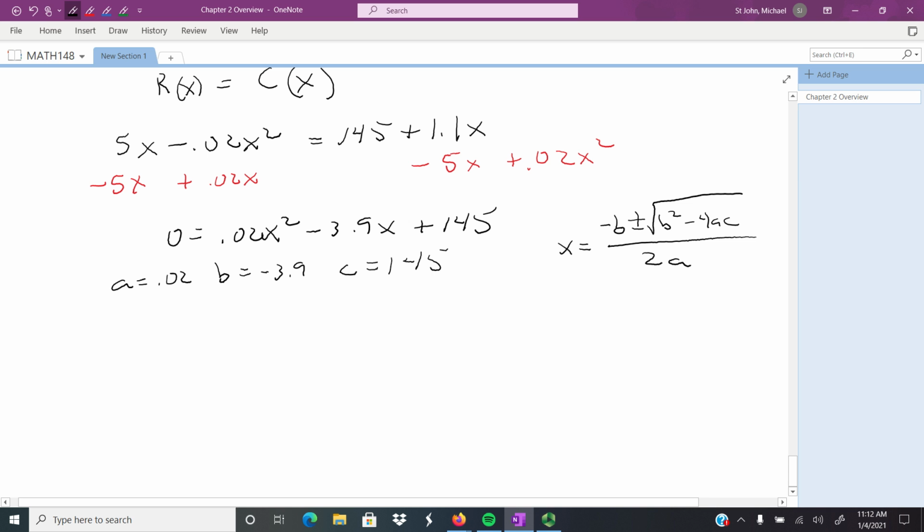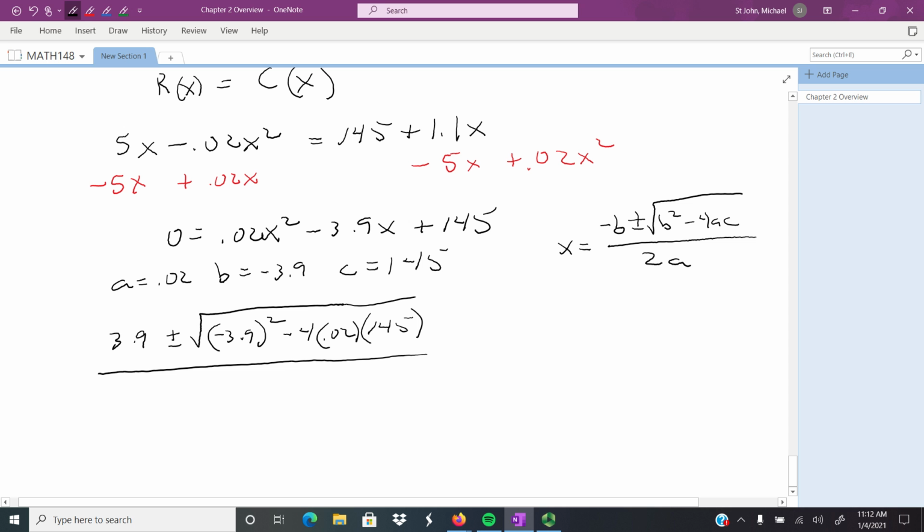So we take our numbers and plug them in. So this is 3.9 plus or minus the square root of negative 3.9 squared minus 4 times 0.02 times 145, all over 2 times 0.02.